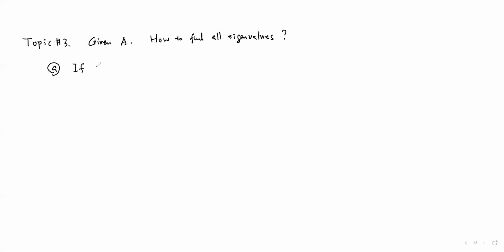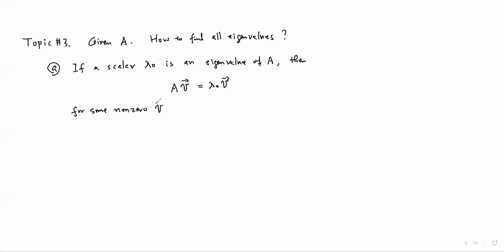If a scalar, say I call the scalar lambda 0, is an eigenvalue of matrix A, then by definition, A times some non-zero vector is equal to lambda 0 times the vector, for some non-zero vector V, right?